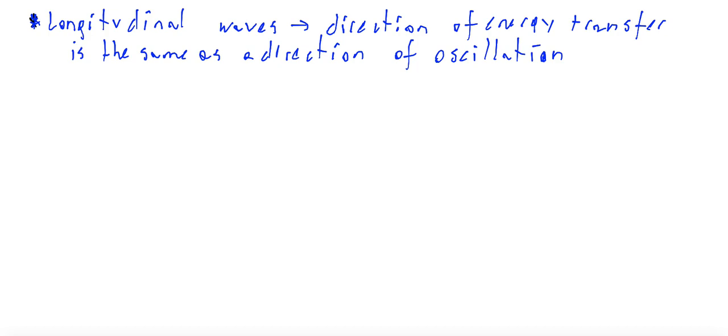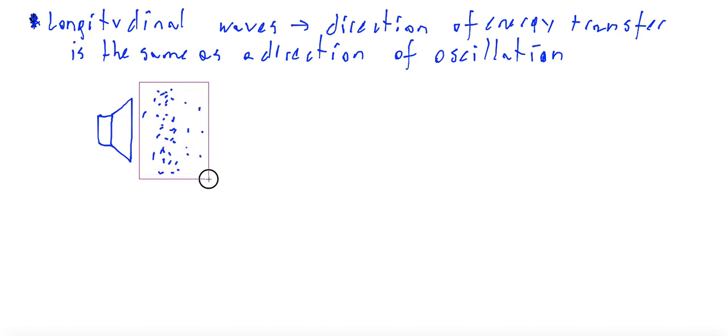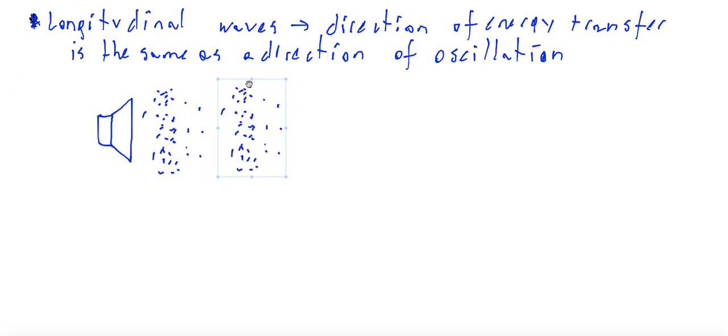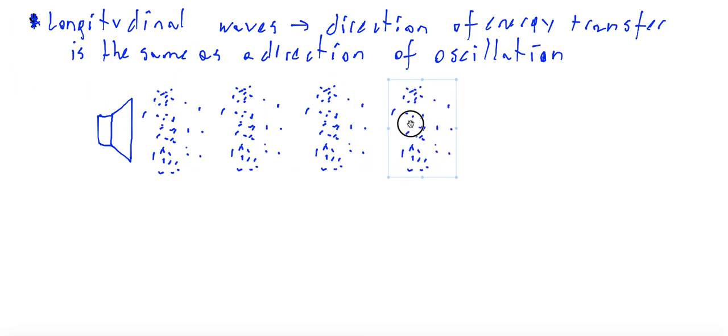A sound wave. You have a speaker which emits a wave. In the case of sound, in air we have a region of high density, where particles are very, very close to one another, and a region which is rare. And next, again, a region of high density and a region which is rare.